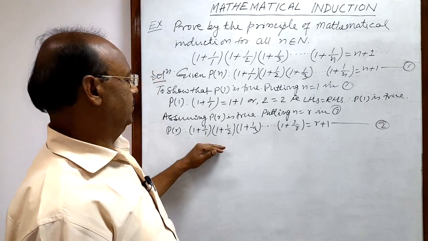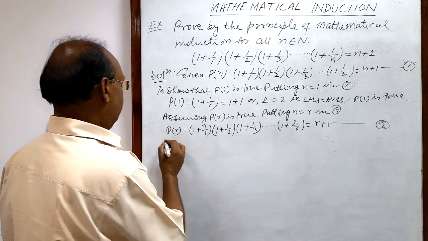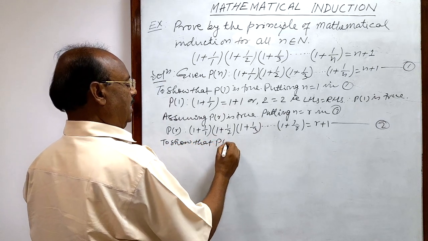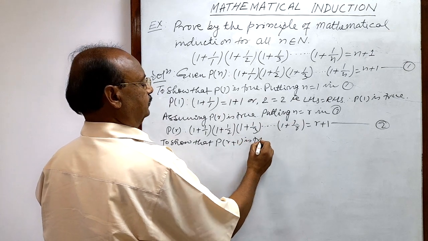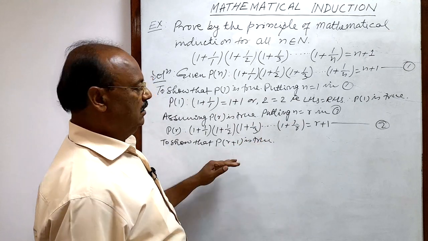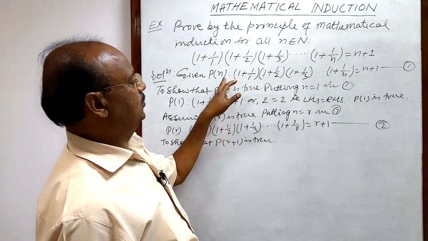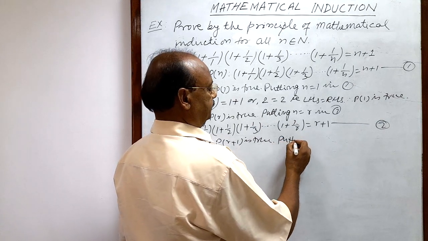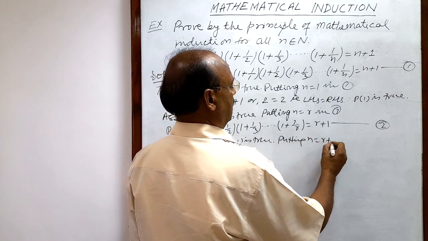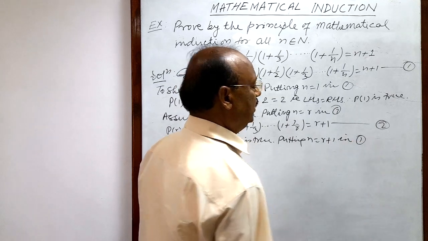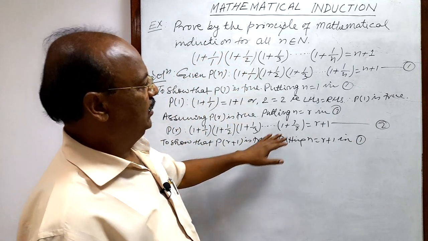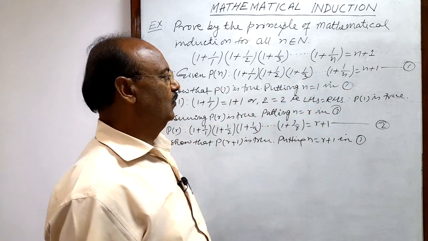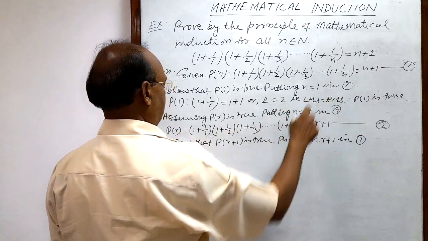This is the second step, assuming it. And third step, we have to show that Pr+1 is true. So, we will put n equal to r + 1 in relation number 1. When we put n equal to r + 1, the total number of factors will be r + 1.